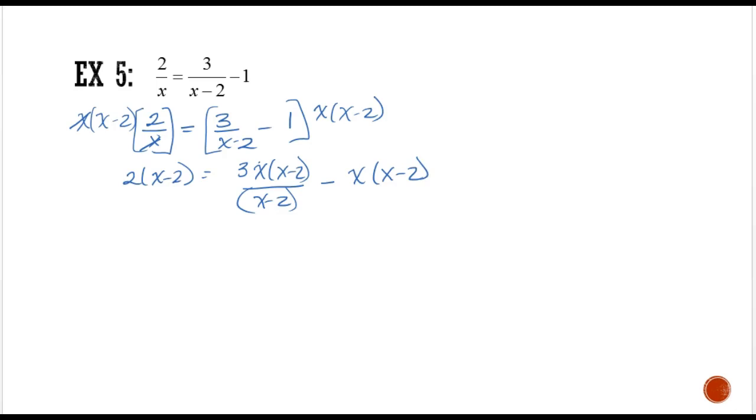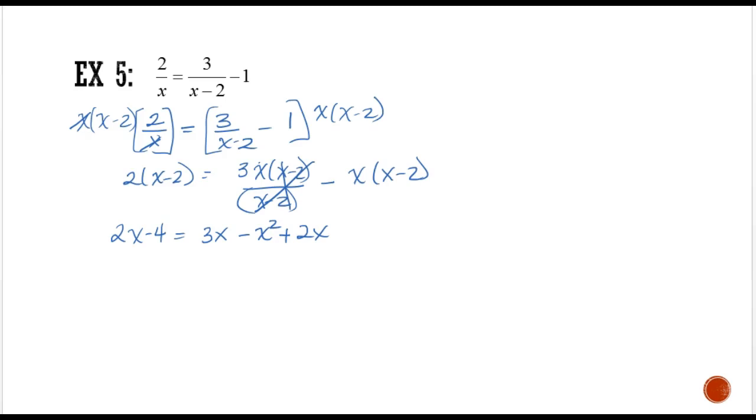Now, these cancel out, and we can clean this up. We got 2x minus 4 equals 3x minus x squared plus 2x. All right, so we clean this up a little bit. Combining like terms is our goal here.